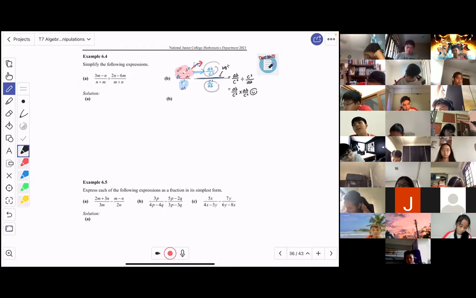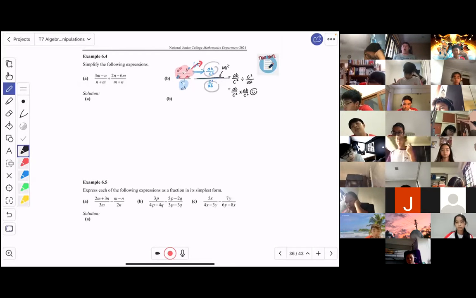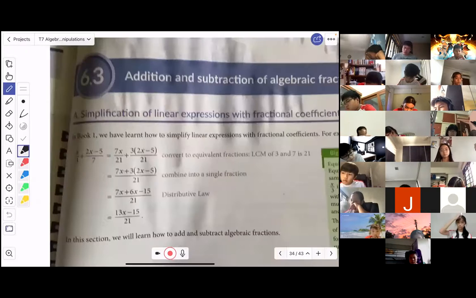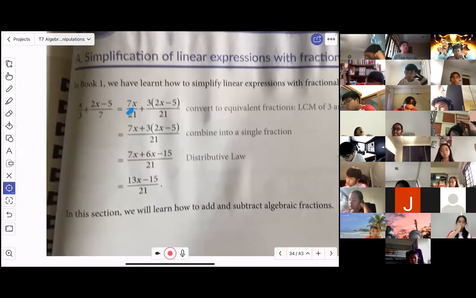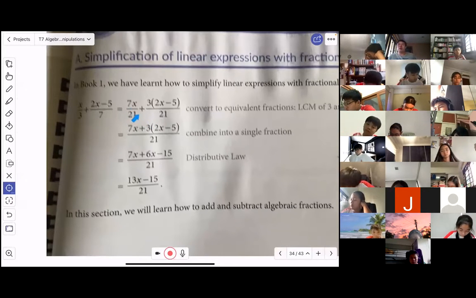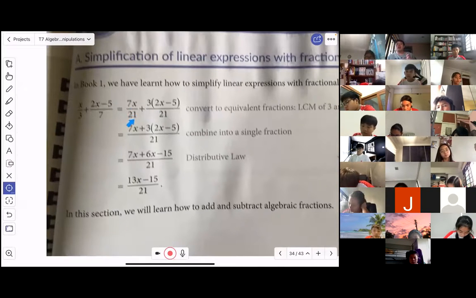A? Okay, thank you. So for 6.5, we are adding fractions. When we add fractions, just like in book 1, two months ago, we need to create the LCM. We need to make sure that the denominator is the same before we add.